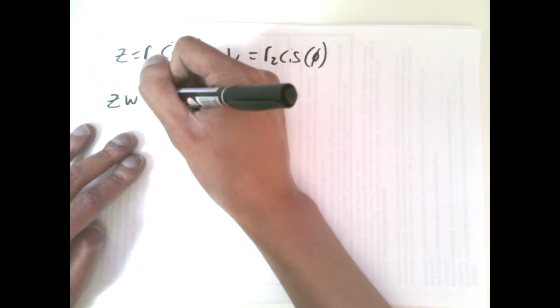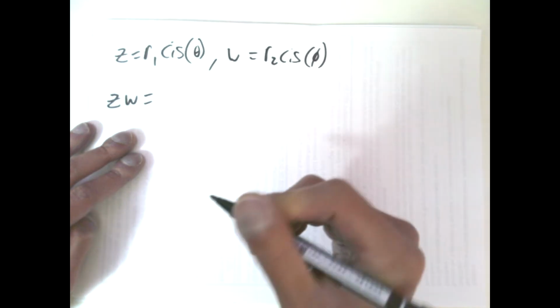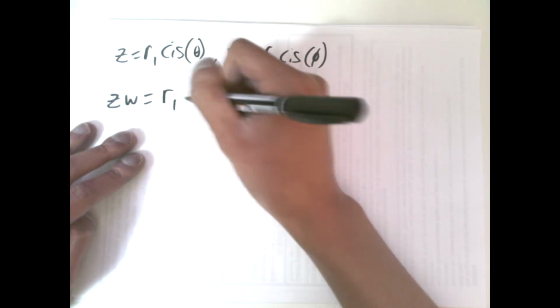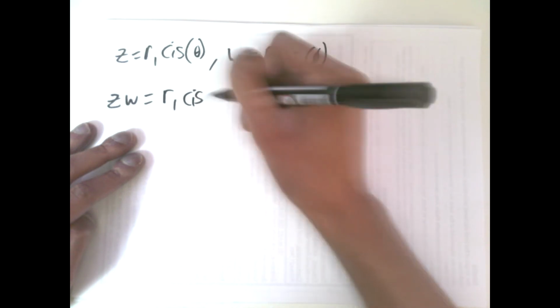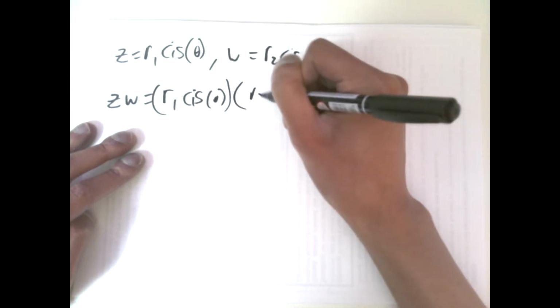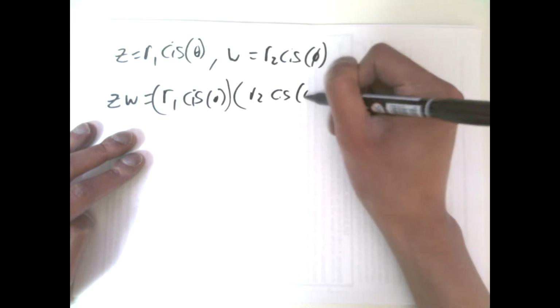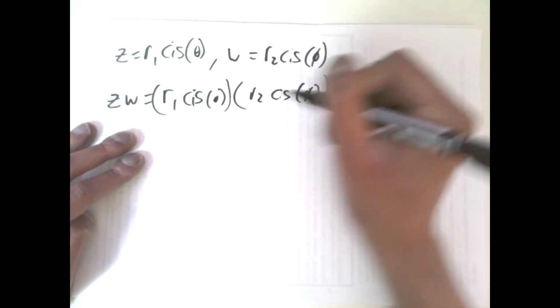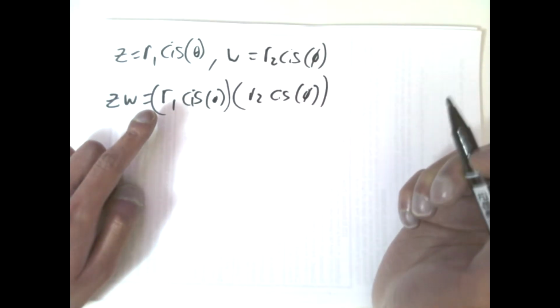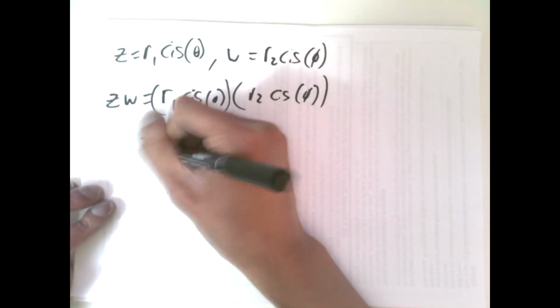So what is z times w? I'll write it out in full. Firstly, r1 cis theta multiplied by r2 cis phi. Because r1 and r2 have to be positive numbers, as they're just the radii from the origin, we can just factor out the real numbers.